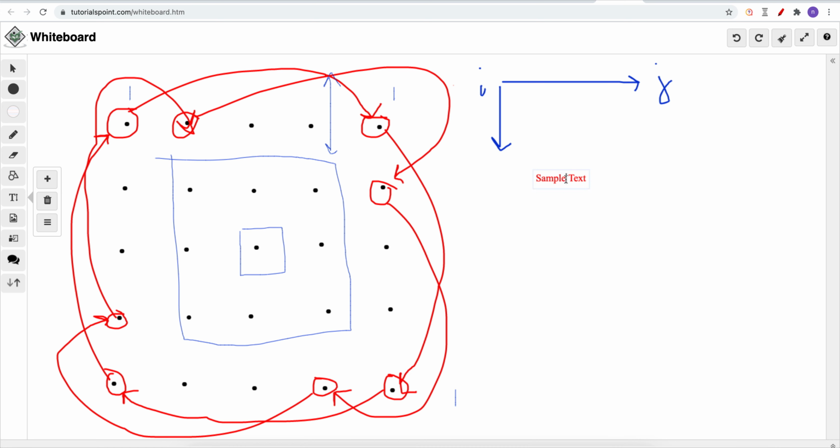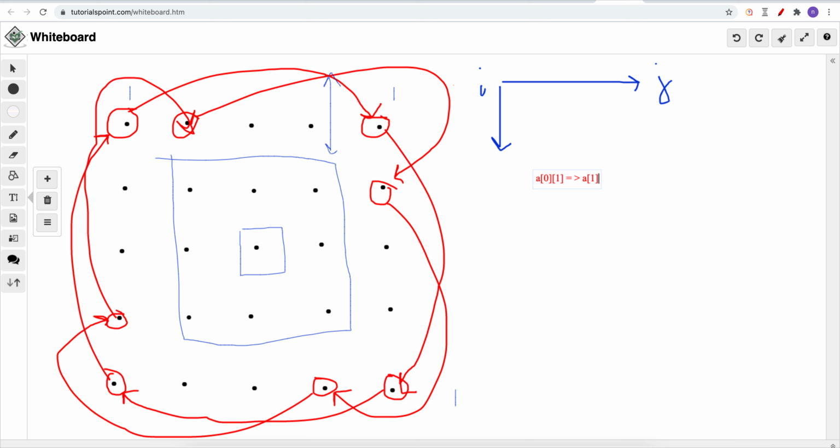I'm just considering 0 is quite easy, so we'll go with 0 1. How will 0 1 look like: A of 0, I is 0, J is 1. Where does this go? This goes to this node, where J is n minus 1 and I is 1.